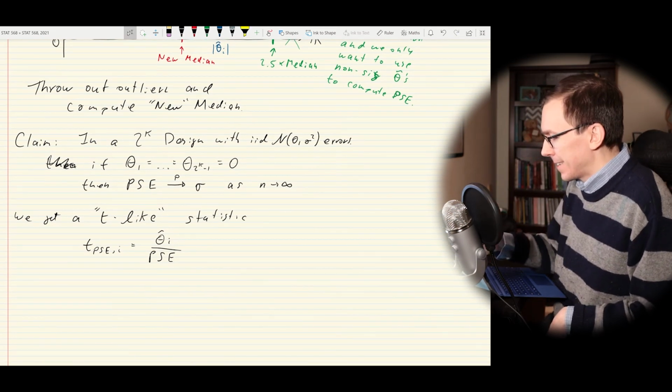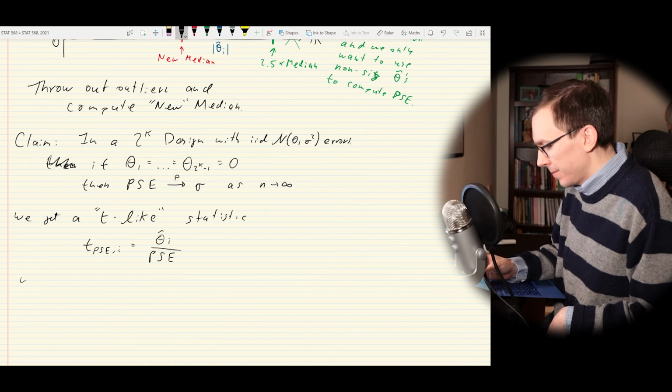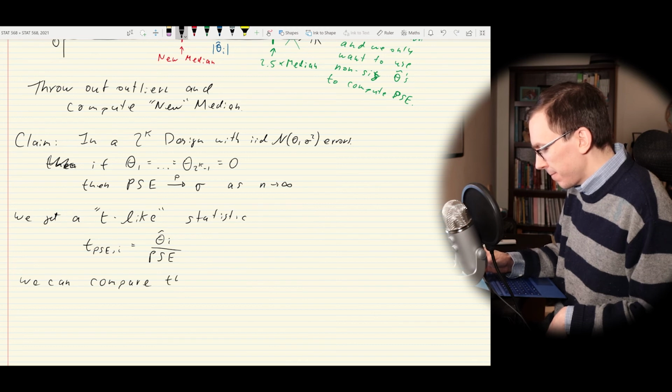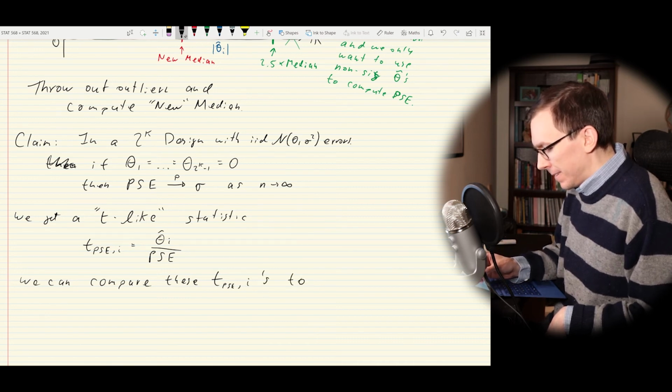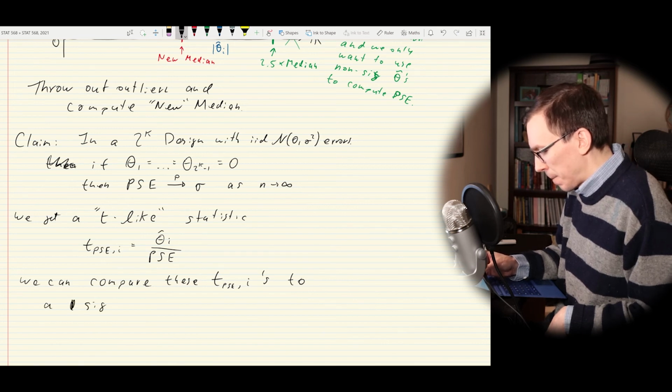And the idea is that we can compare these T PSE I's to a significance threshold.